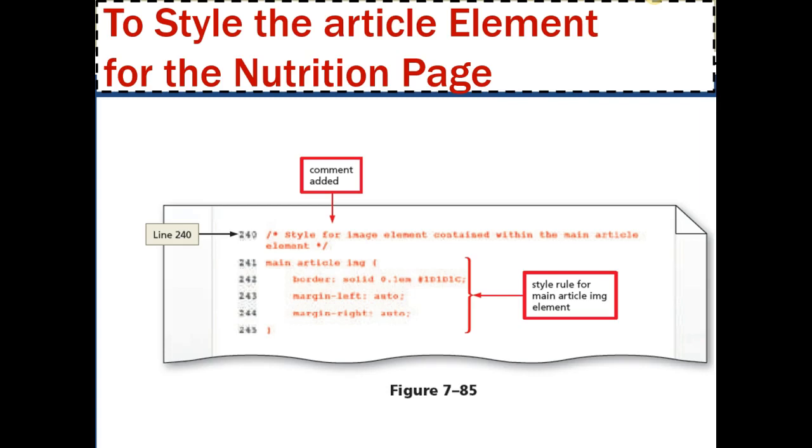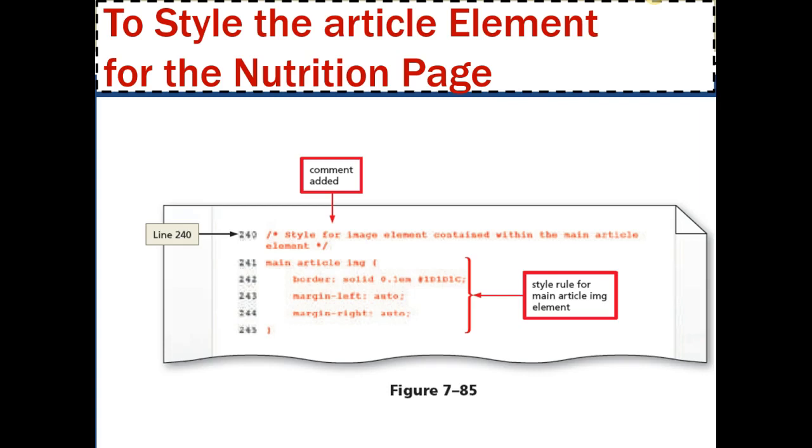So the other thing that we are going to talk about is styling the article element for the nutrition page. So as we said, the nutrition page, after we did the 3-column layout, now uses the 3-column layout. But the content within each article also needs to be formatted.